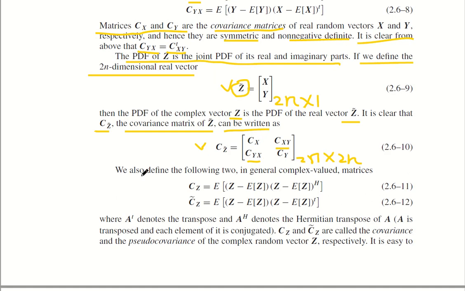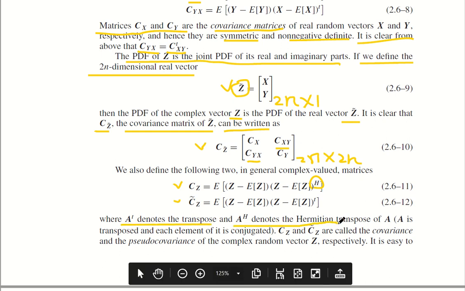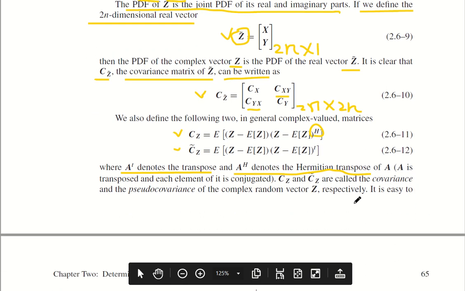So we also define the following two general complex-valued matrices. Cz equals E of (z minus E z)(z minus E z) Hermitian. And the second, C tilde z, equals E of (z minus E z)(z minus E z) transpose. So one denotes the Hermitian transpose and the other denotes the ordinary transpose.